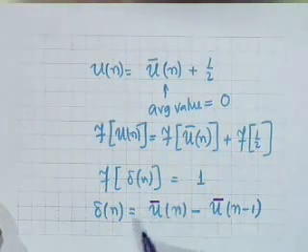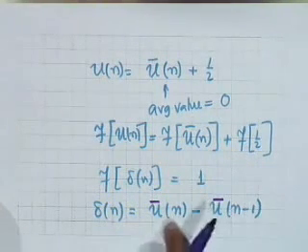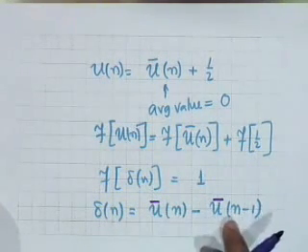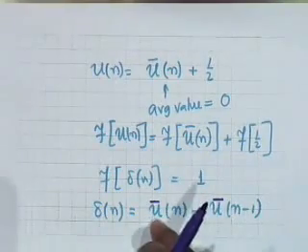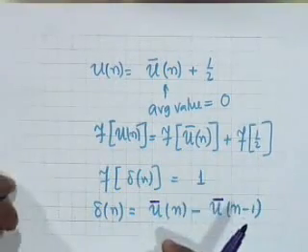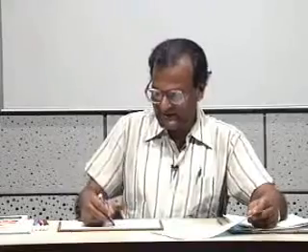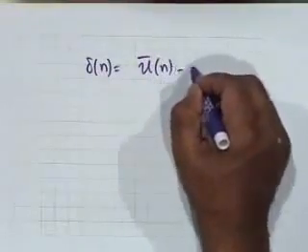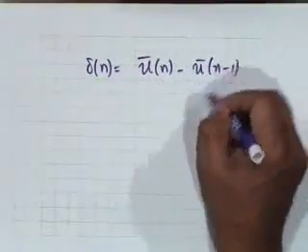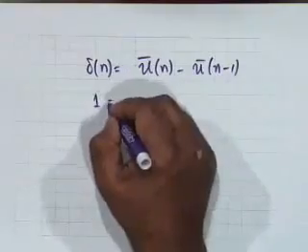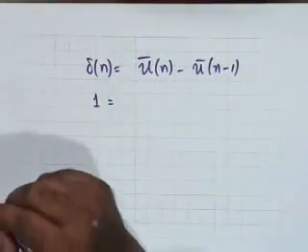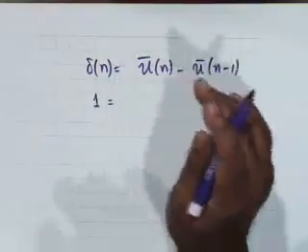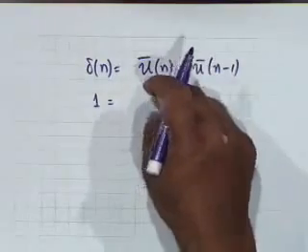The average value of u bar of n is 0, and since the average value cancels out, if u is replaced by u bar, it doesn't make a difference, which means that we write delta n as u bar of n minus u bar of n minus 1, and therefore 1, if I now take the Fourier transform, there is no question of average value because the average value of u bar is 0.